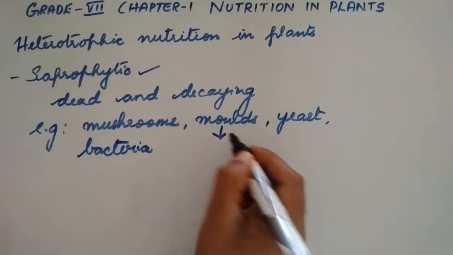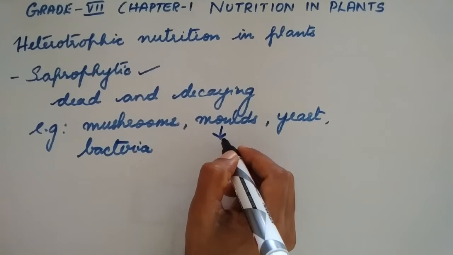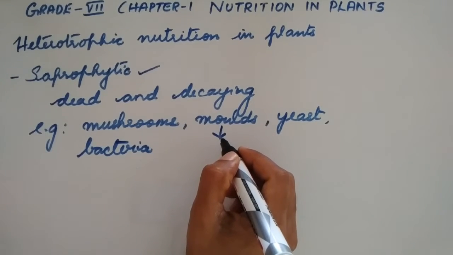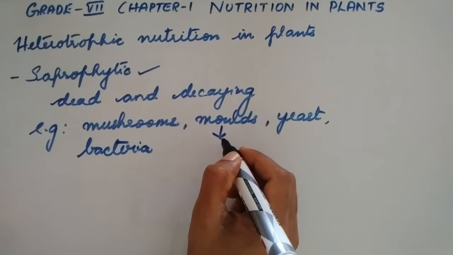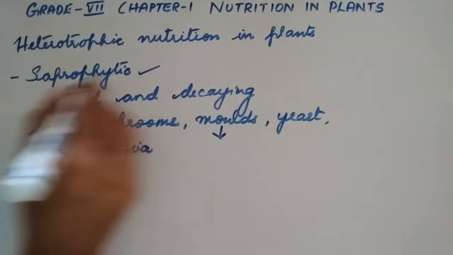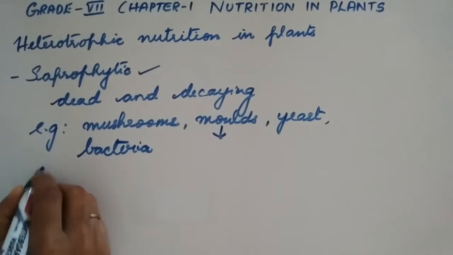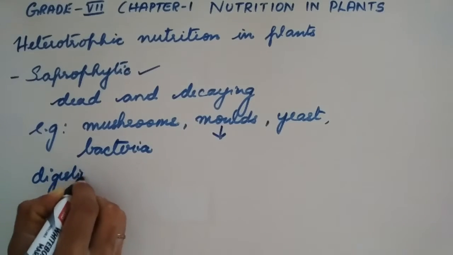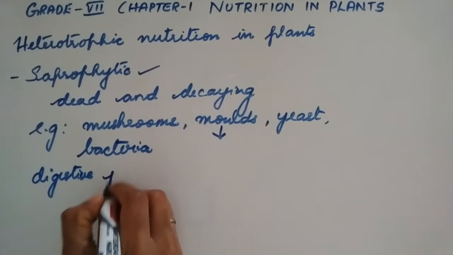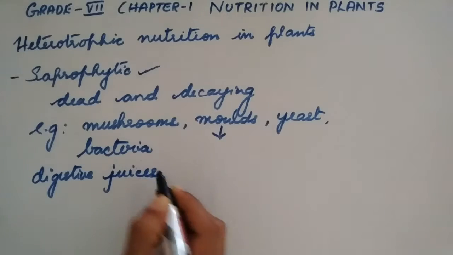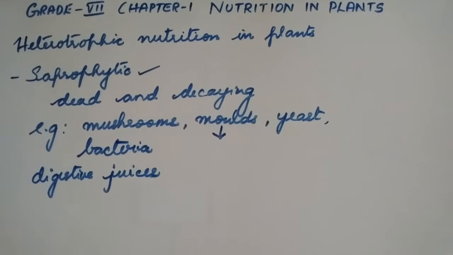Here this mold, it is a fungus which grows on bread. You might have seen that. Okay, so that is a bread mold. And these saprophytes, what they do is they release some digestive juices outside their bodies on the organic matter.